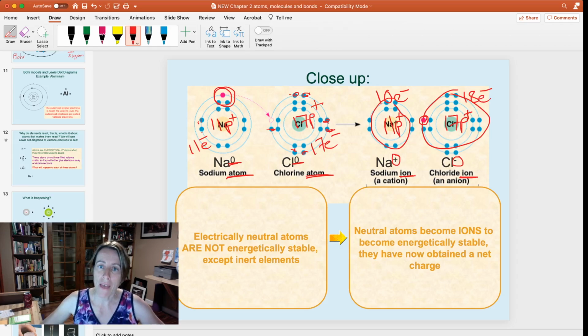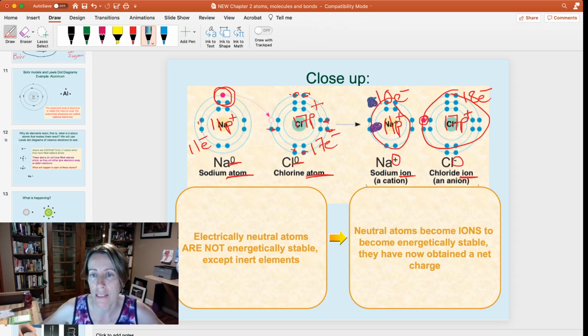So if you compare this number and this number in sodium, it has 11 protons and only 10 electrons. So it has one extra plus compared to minus. And that's why we say sodium now has a positive charge.